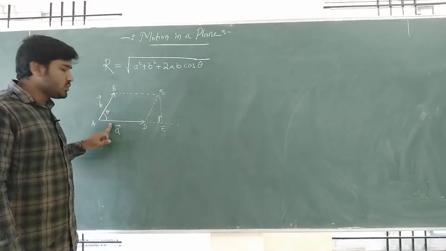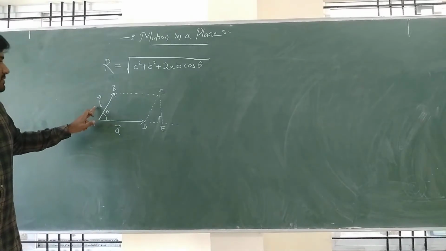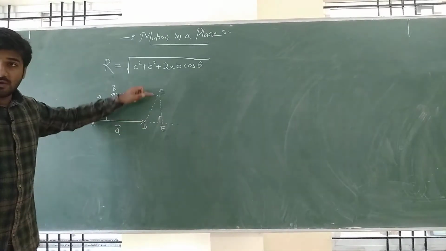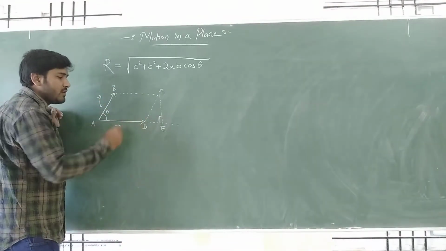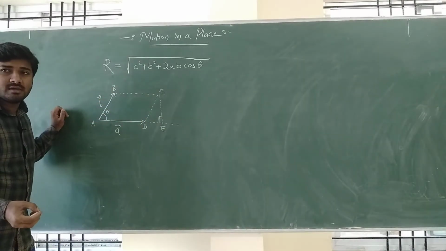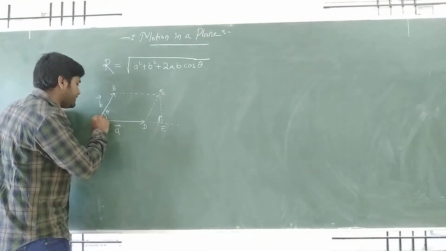So there are two vectors, vector A and vector B, which are representing two adjacent sides of the parallelogram. The resultant is the diagonal of this parallelogram.